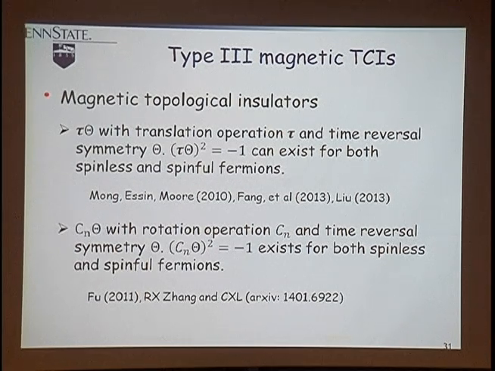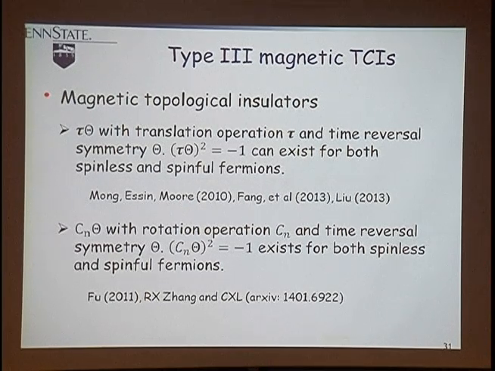Actually, Professor Gilmore is the pioneer of this in 2010, giving the example that when you combine translation and time reversal, you can get more topological states. Here we also give a model for a spinless fermion system, and we also look at the rotation symmetry combined with the time-reversal symmetry, where the square can be -1, which will give you some degeneracy.